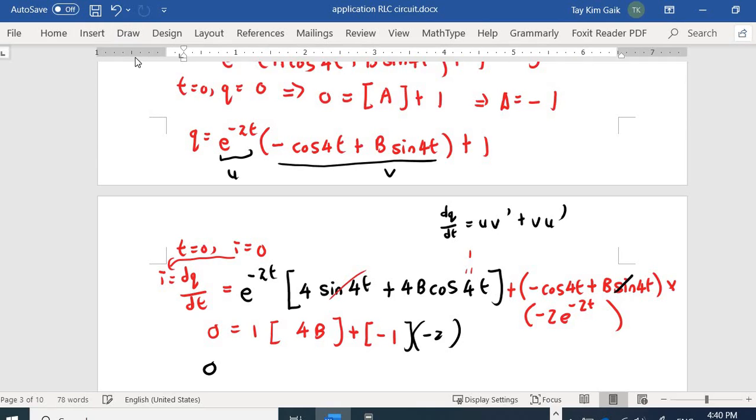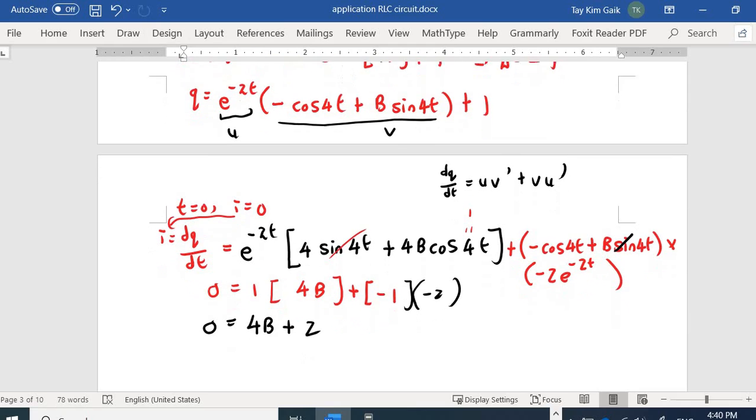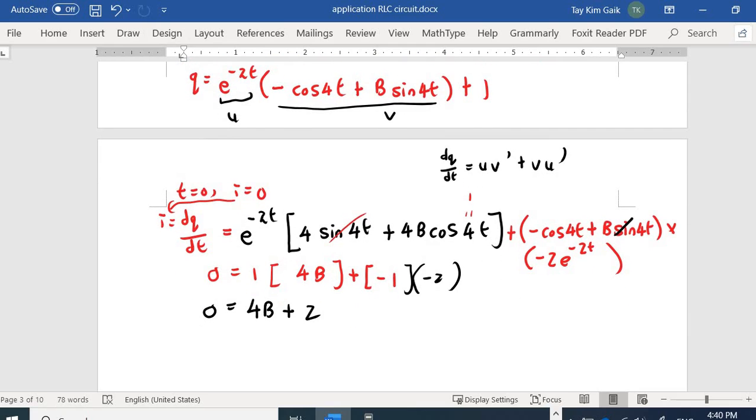So 0 equal to 4B plus 2. So 4B equal negative 2, B will be negative half.